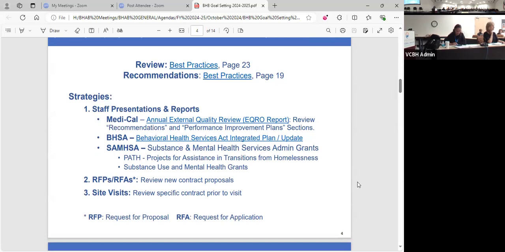There are performance improvement plans that the county puts together. And you can take a look at those. I would specifically look at the recommendations, ask for staff presentations on that. But look at it yourselves also. I think a lot of times, we want to highlight areas that we've been able to fix immediately. But you need to know overall, what are the state's recommendations.